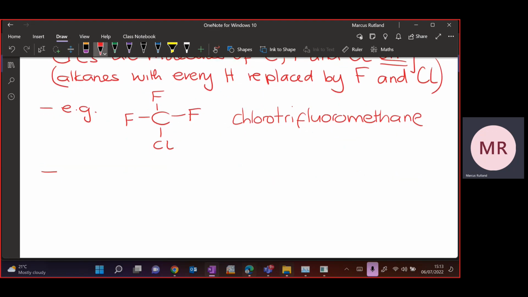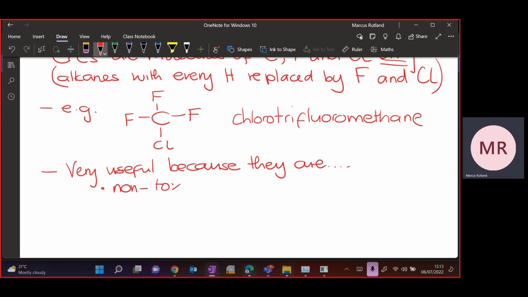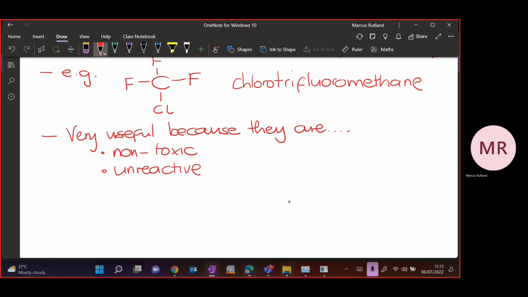Why were these used particularly? They were very useful because they are non-toxic. You can literally inhale them without any seeming ill effect. Unreactive, non-flammable.